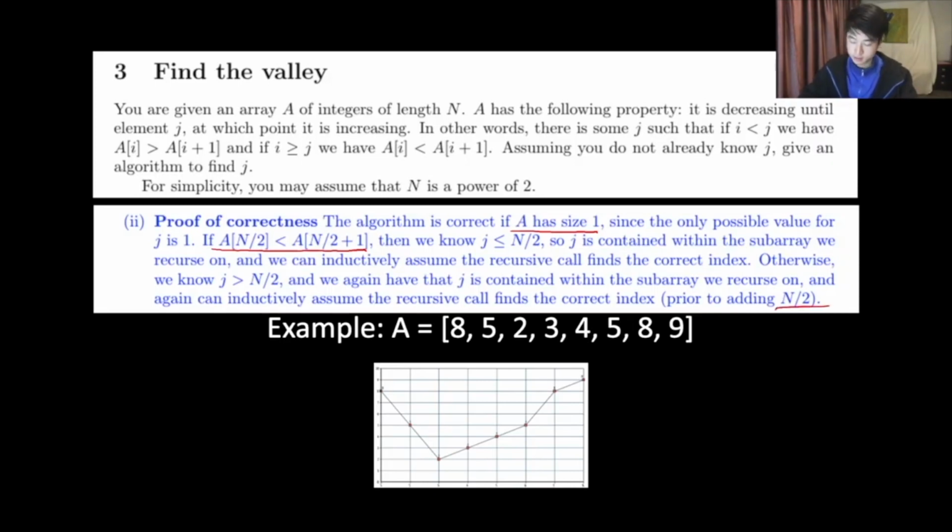And we add n over 2, because if it's not in the left half, its index would be n over 2 plus whatever is returned from the right.